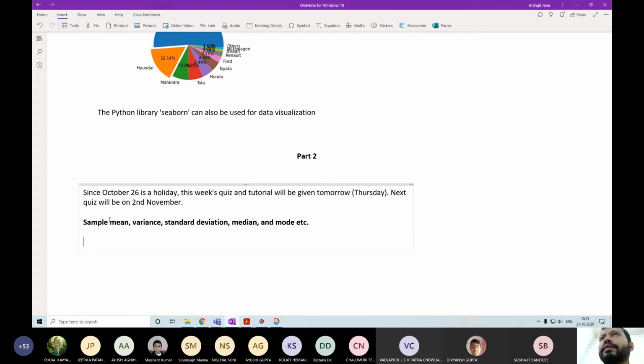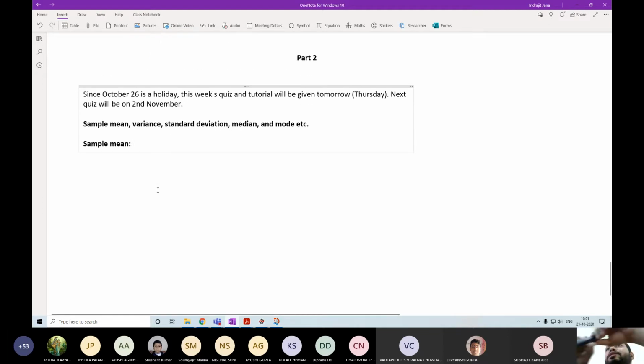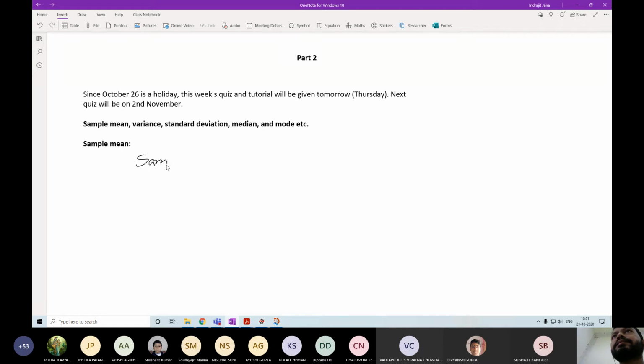Okay, the first one is the sample mean. It's a very easy concept. This is the simple average. Suppose you have a sample which contains n data points, say x1, x2, up to xn.